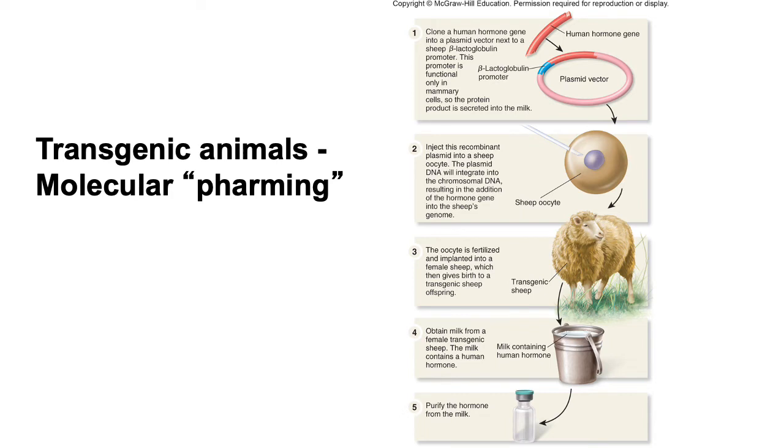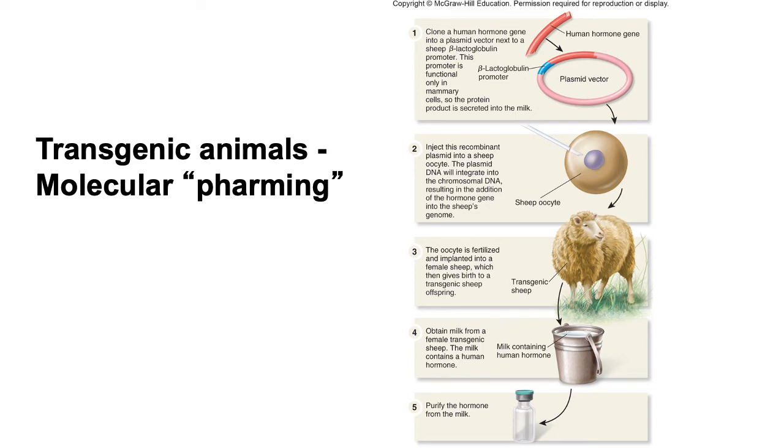And you can, if you set this up correctly, that human hormone then can be expressed in the milk of this sheep and would be easily purified and used. And not only can you do this in sheep, you can do this in other milk producing animals because it's fairly easy then to purify the protein that's being produced from these animals.